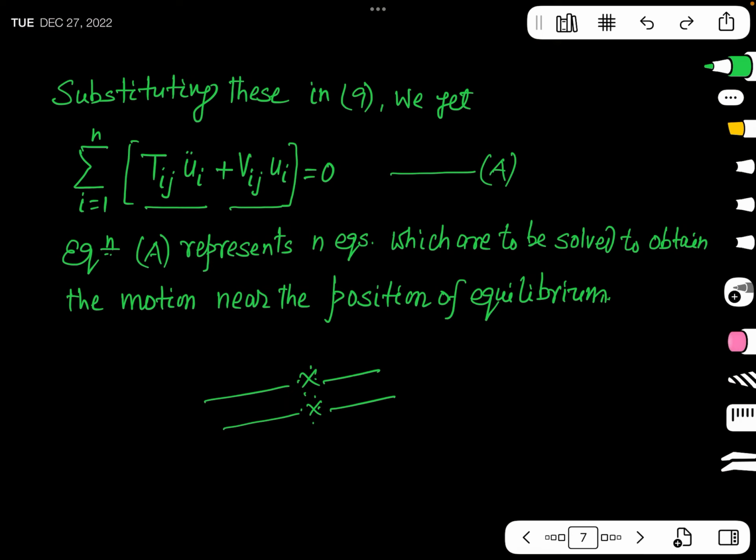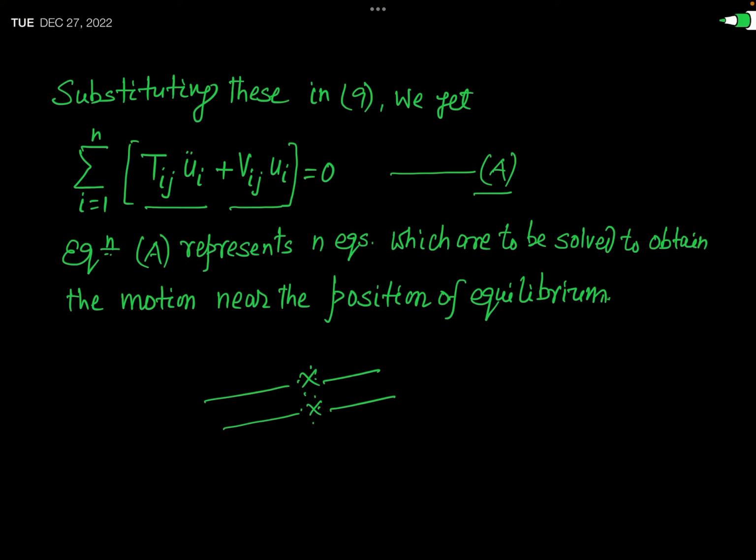Okay? Actually, as i runs from 1 to n, this equation A is not a single equation, but for the n values of i, this equation A represents n equations. And these n equations are to be solved for the discussion of the motion of the particle, which will be a small oscillatory motion near the equilibrium position.